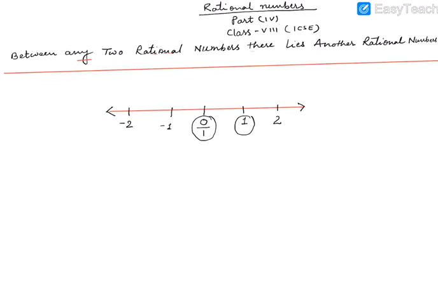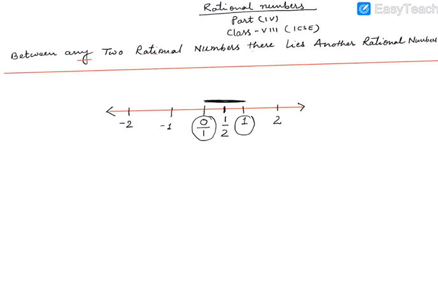So you can see between 0 and 1 this space contains many rational numbers. Between 0 and 1, in the halfway you will get 1 by 2. So this is a rational number between 0 and 1.